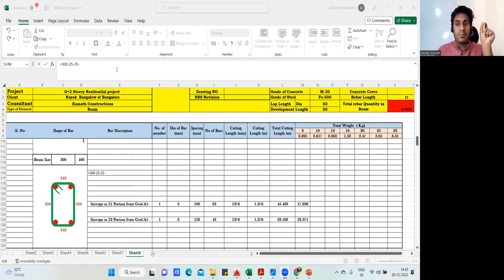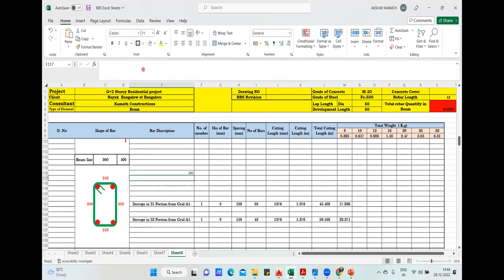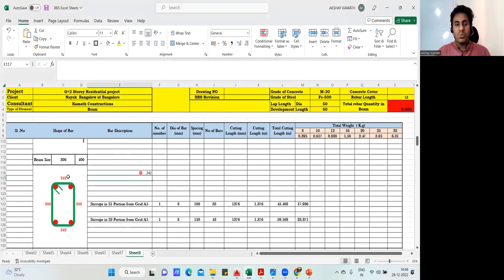So minus half stirrup from here, minus half stirrup from here, which is a complete stirrup, and the stirrup diameter is 8 mm, which is given in the drawing. So I'll do minus 8 and enter, finish. How much did I get? 242. And what did I write here? Same, 242. So if this is 242, obviously this is also 242. So I've interlinked this with this.